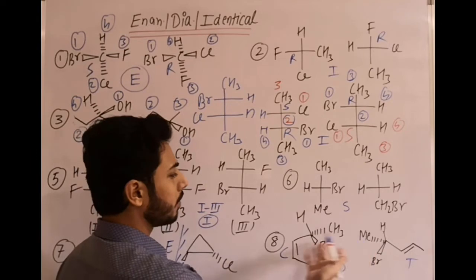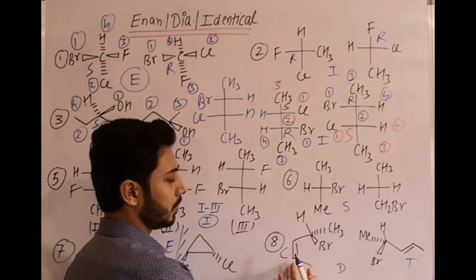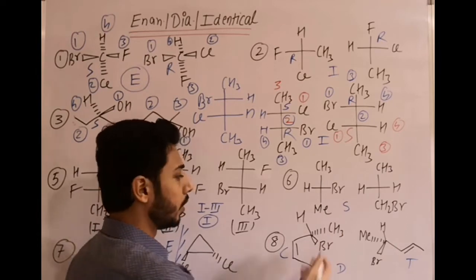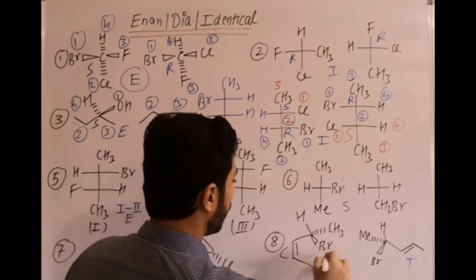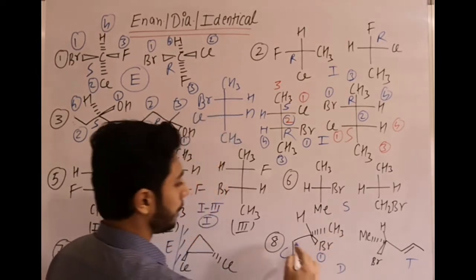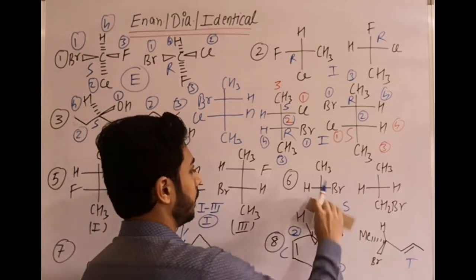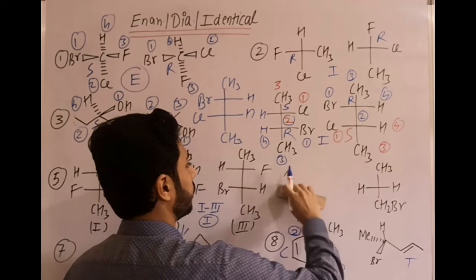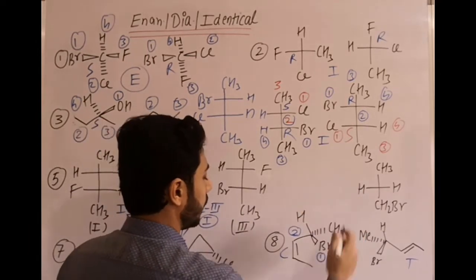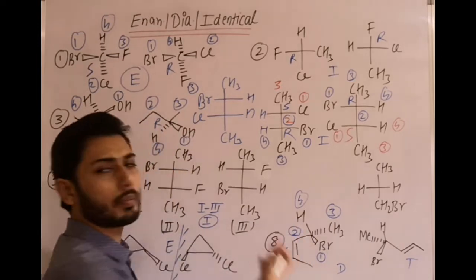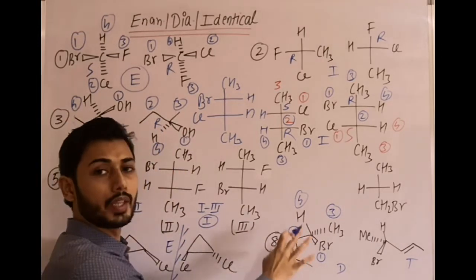So here whether we get R or S, it won't matter because cis and trans are there within the molecule. Still we can find out RS for them. That one is this one, 1, then this will be 2, this is 3, and this is 4. Now whatever method you use, you find it that way in wedge dash.